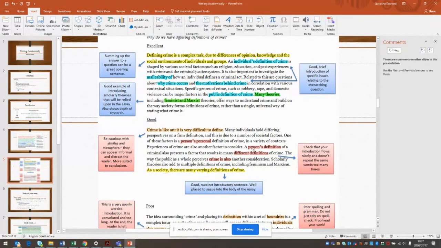This author says a person's definition, once again repeating the word person, also represents a factor that results in many different definitions. Again, we have repeated definitions here. The way the public as a whole perceives crime is also another consideration.